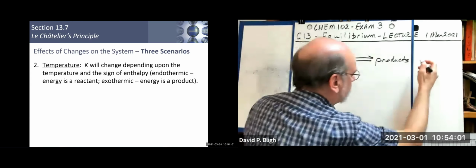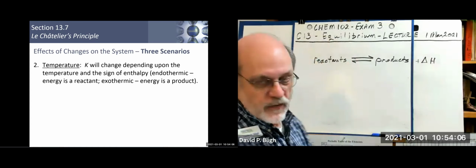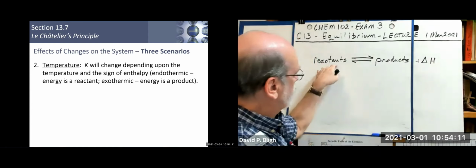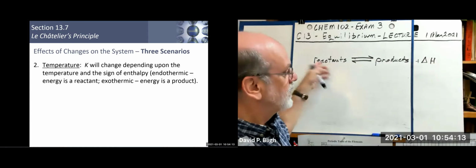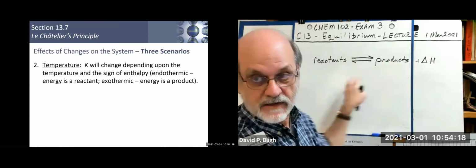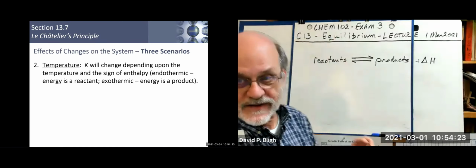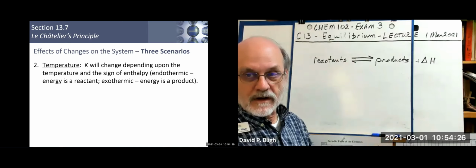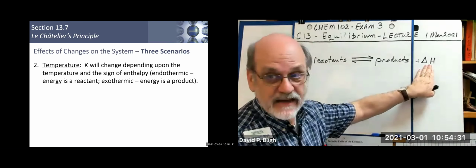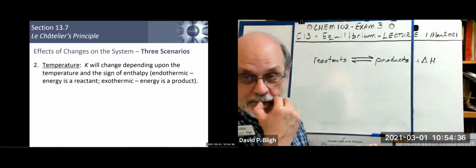Exothermic reaction: the reaction is giving up energy as heat, right? So it's stored in the reactants over here, but over here you have products plus released energy that was stored over here. So in that case, this is an exothermic reaction. If you increase the temperature for this one, then you're actually adding heat to the product side, and the reaction shifts toward the reactants.